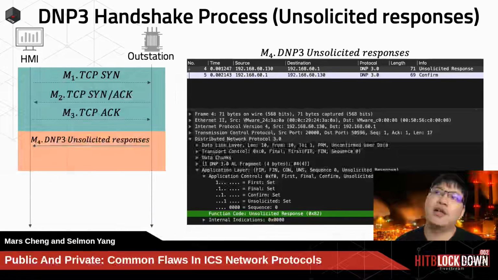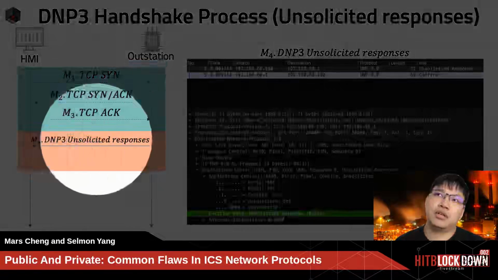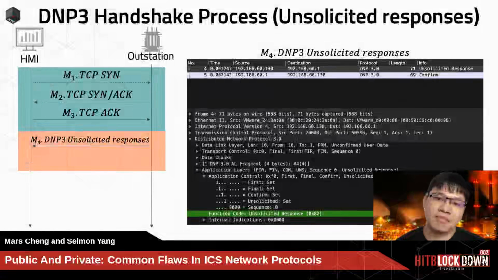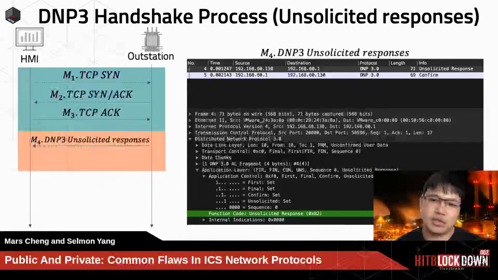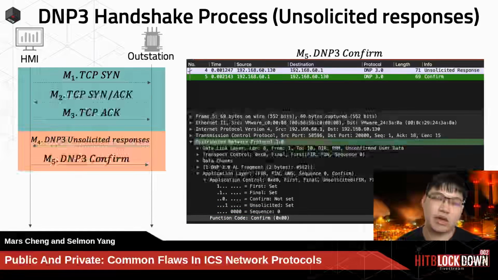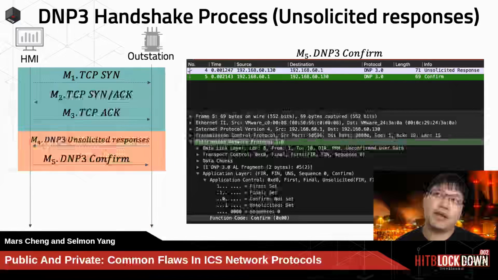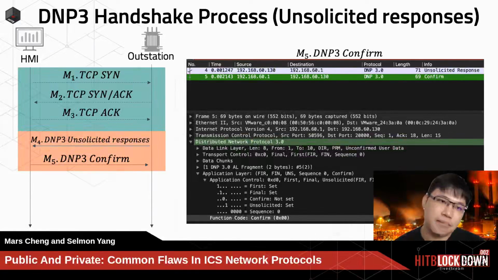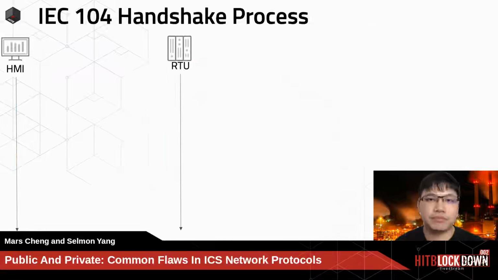So the outstation can send an emergency response to the HMI, and this design creates a high risk that we can execute spoofing against the HMI, because the HMI will just send a confirm message to the outstation. So as a hacker, I can spoof the outstation, send a response, and the HMI will show this message on the screen. The operator may be deceived by the attack and make wrong decisions. We will also provide some kind of demo later.